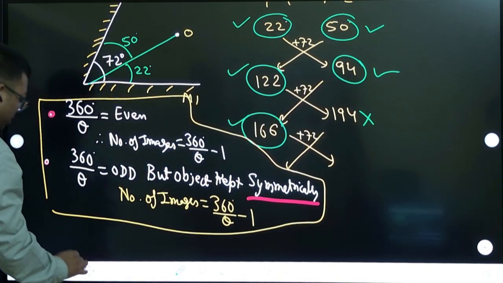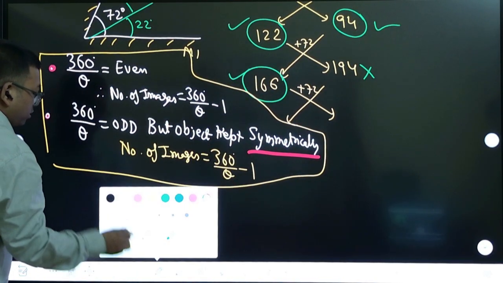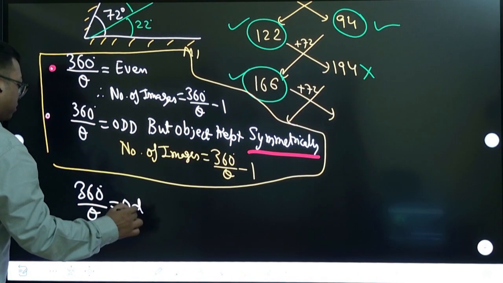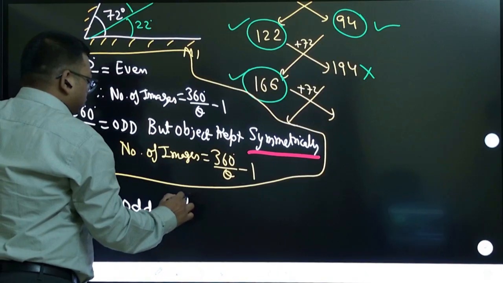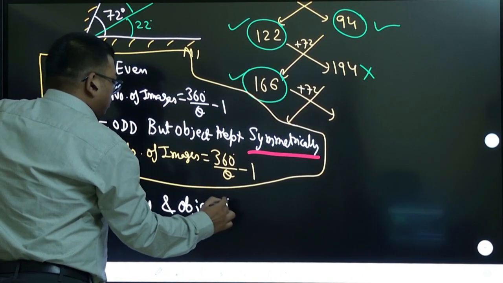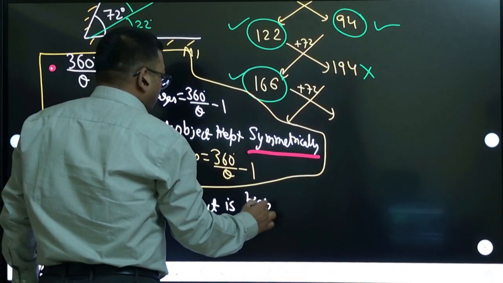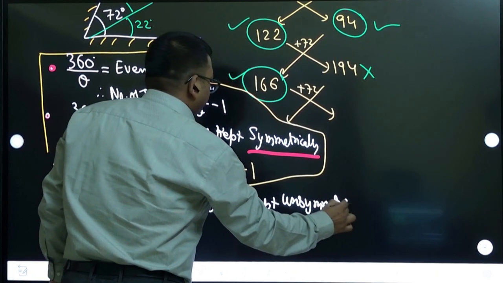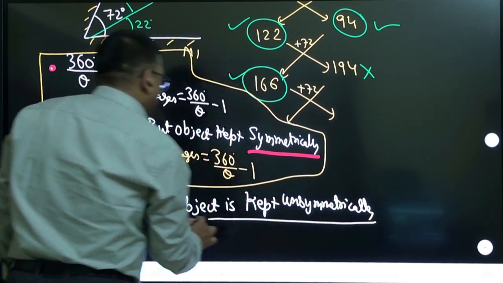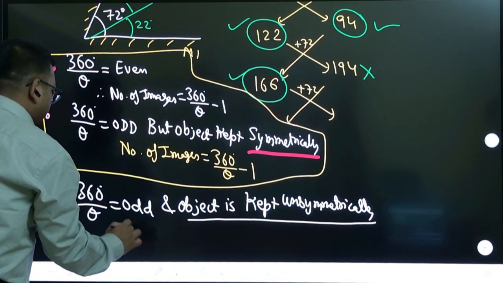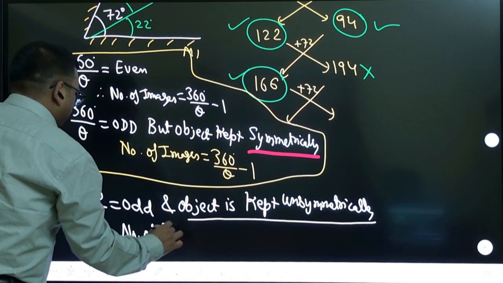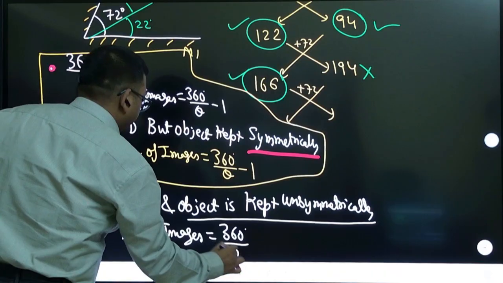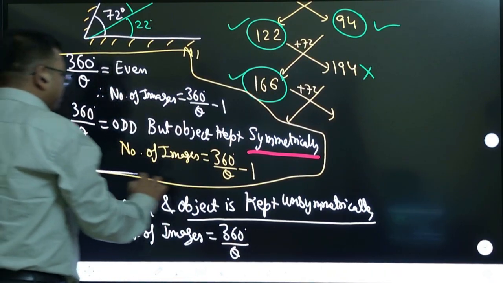But suppose 360 degrees by theta is coming as odd, and the object is kept unsymmetrically. Then in that case only the number of images formula will be 360 degrees by theta. That's the only case we will apply this.